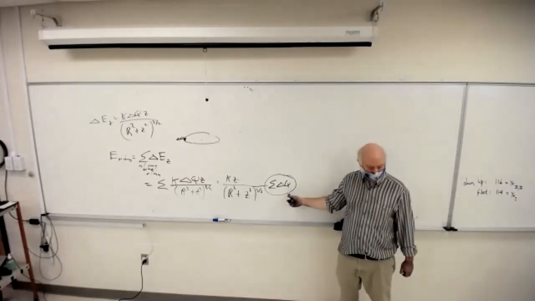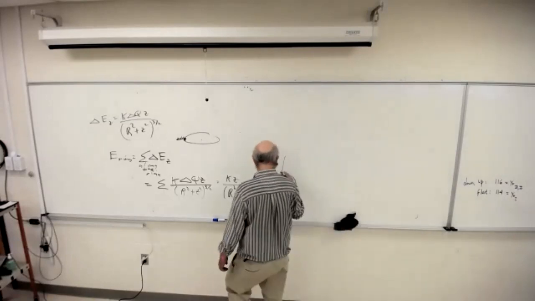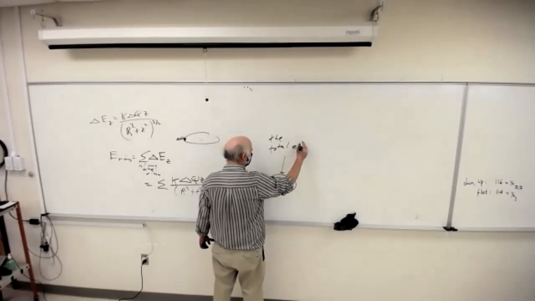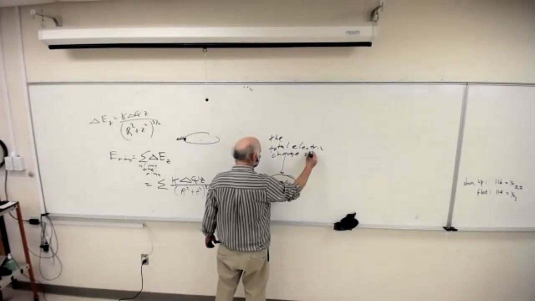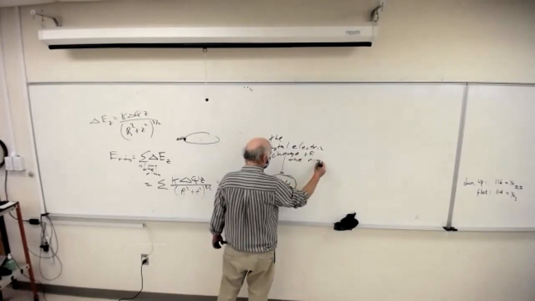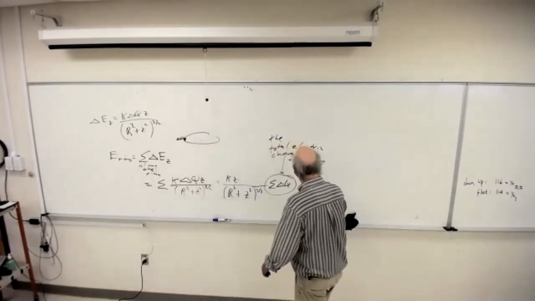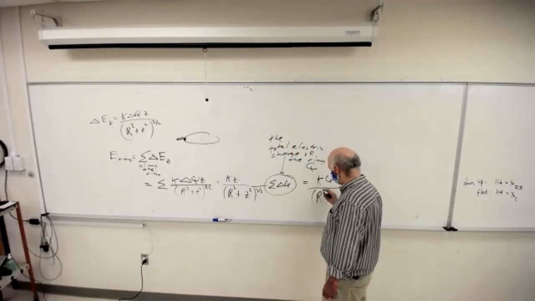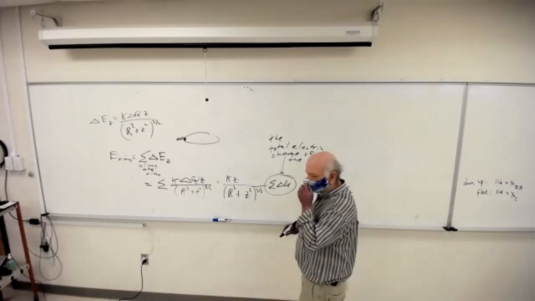This is the total charge of the ring, which we just found: big Q. So this gives me k Q z over R squared plus z squared to the 3/2 power. And that's the electric field.